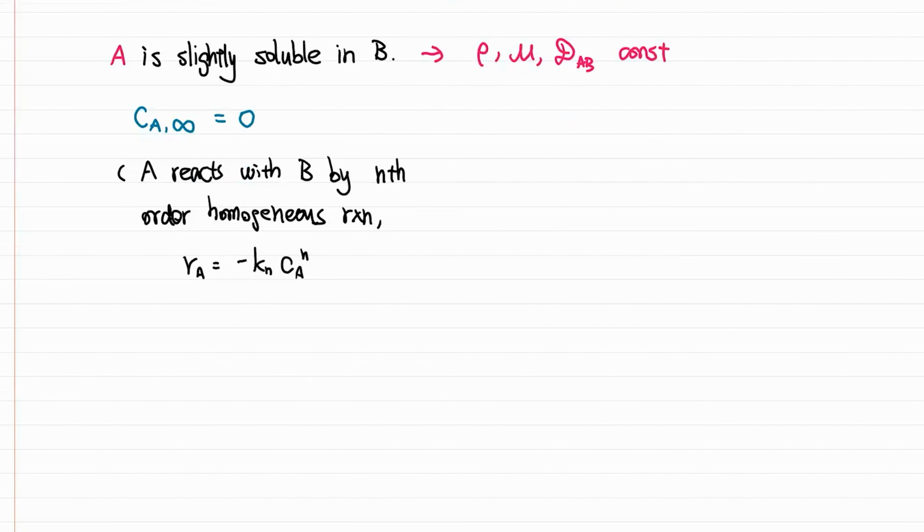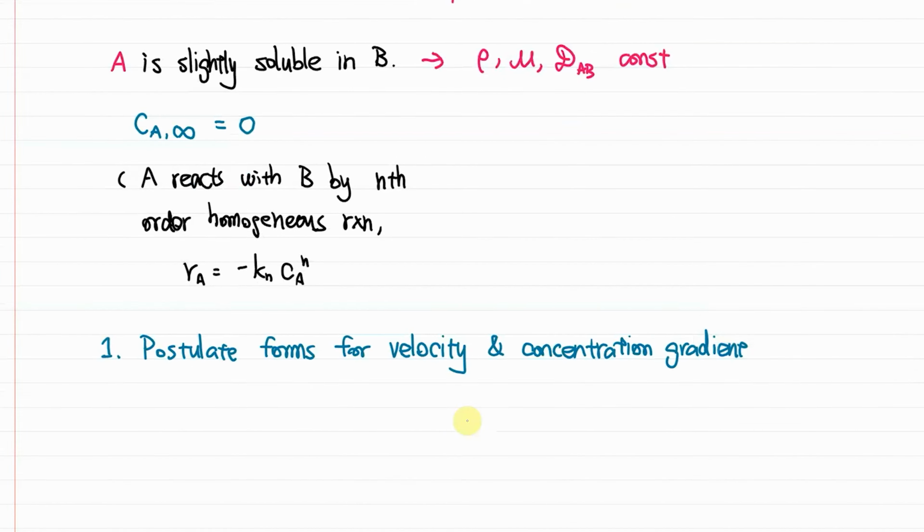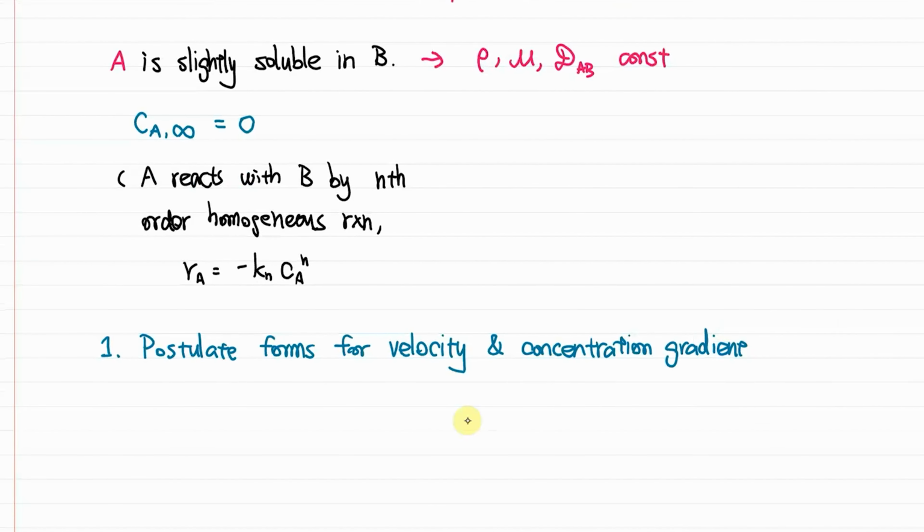So the first step is we would like to postulate forms for velocity and concentration gradients / profiles.